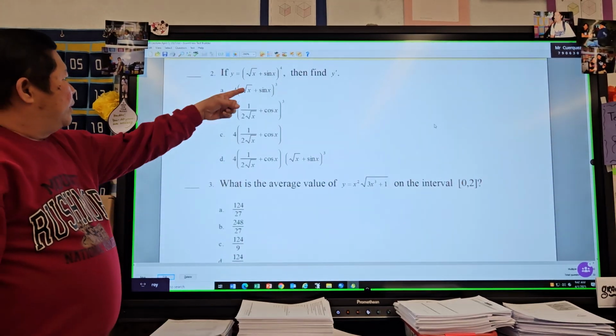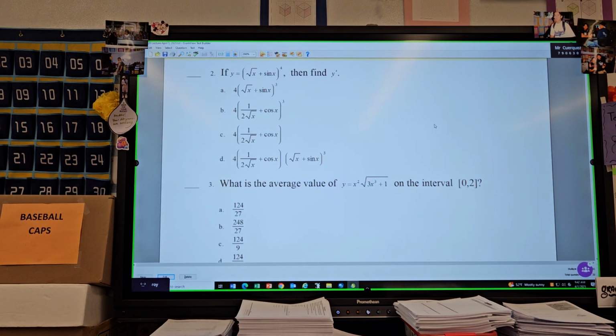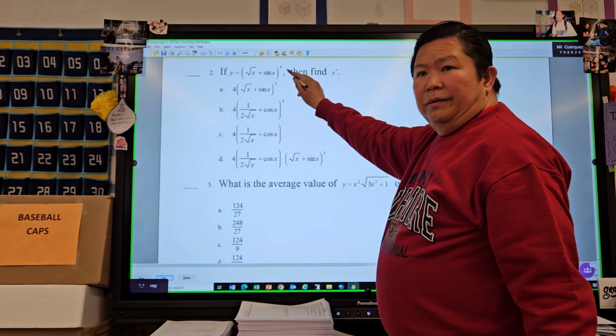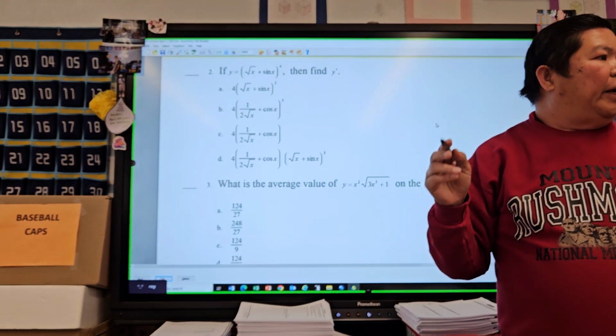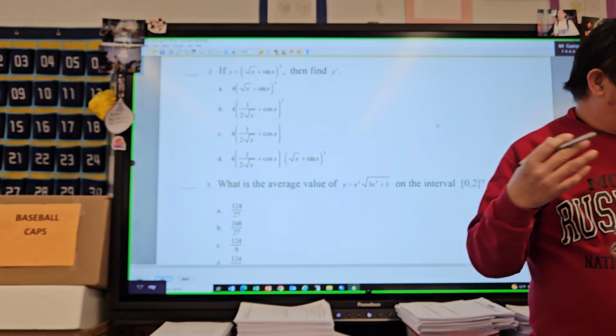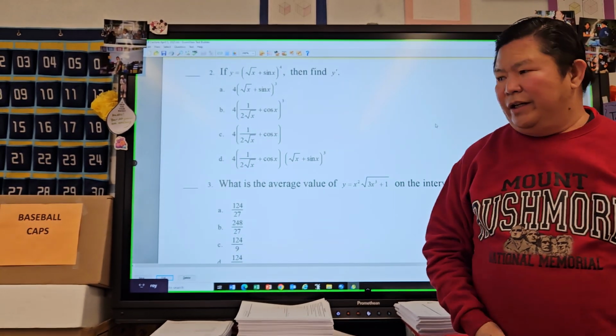Well, you notice right here what applies. The power rule, and then chain rule, right? You're going to take the derivative of the inside.